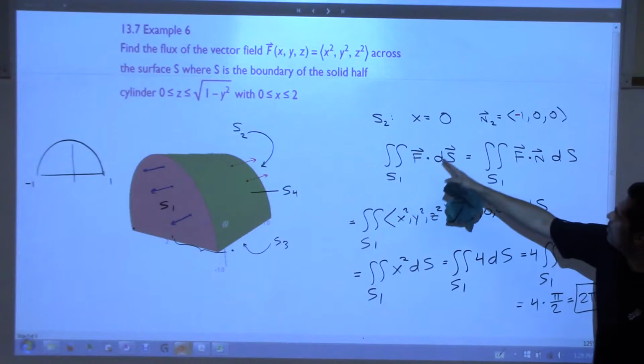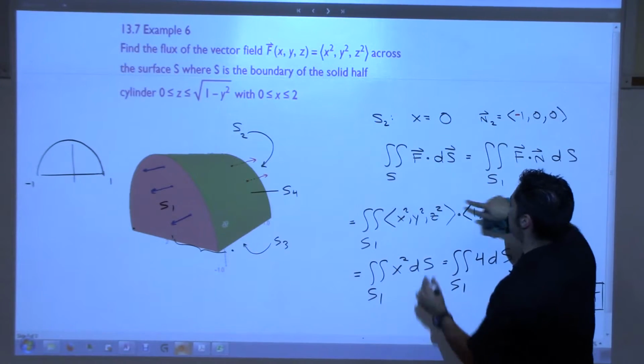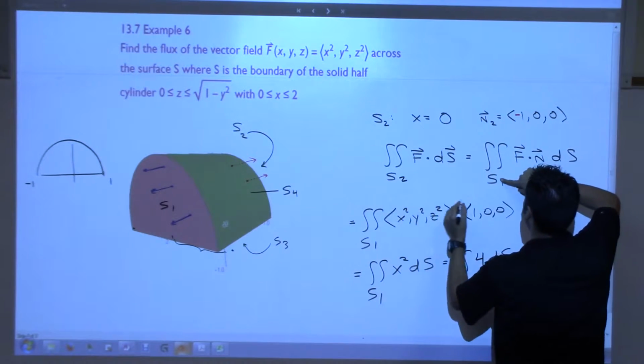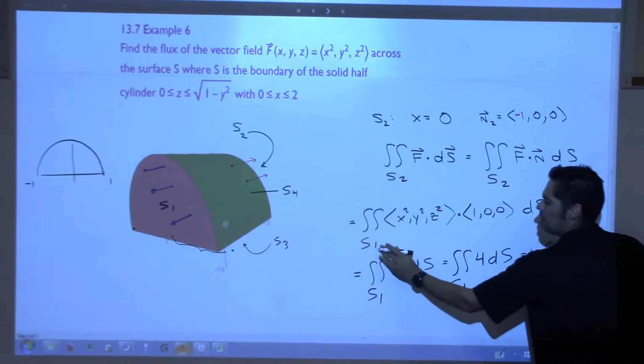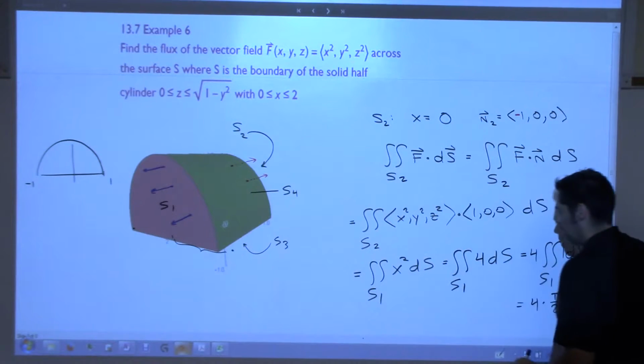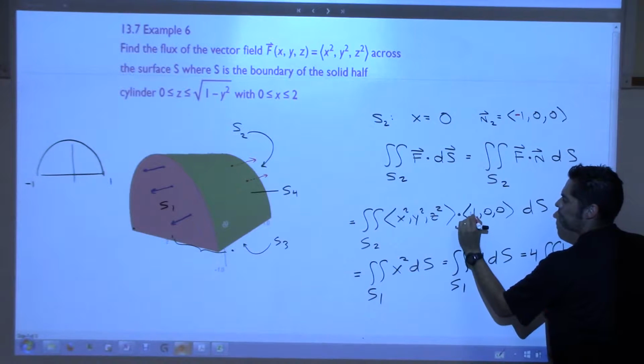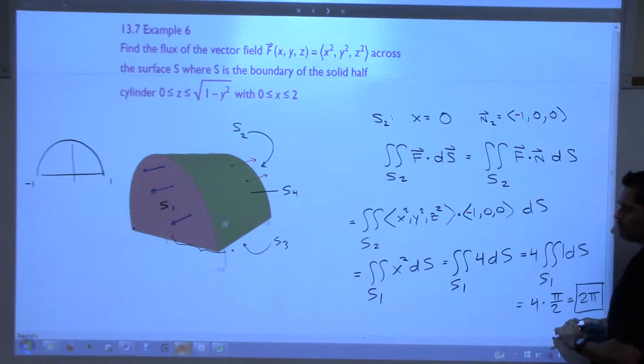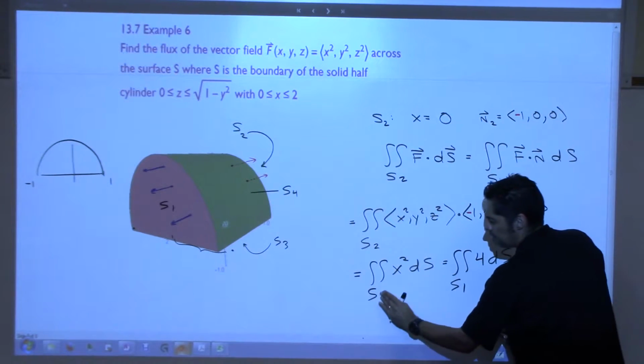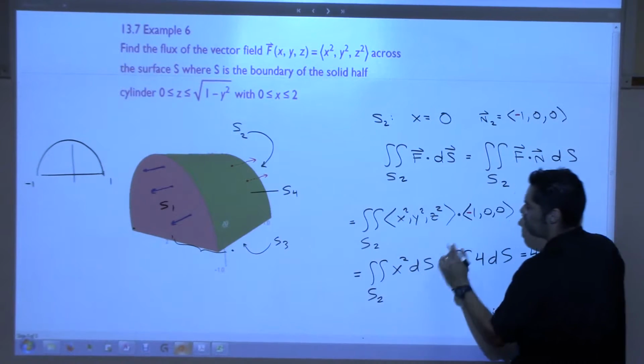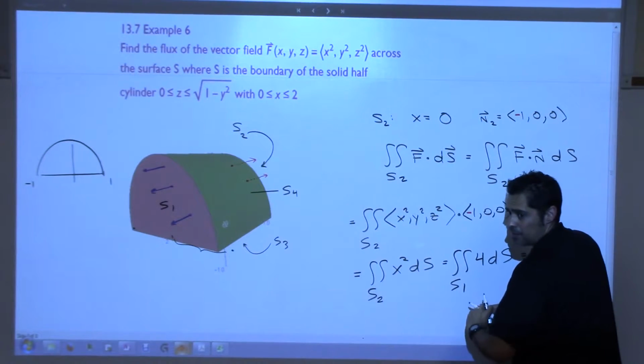And then when we go through here, we change this to S2, change this to S2, change this to S2, change this to negative, change this to S2, and this actually, when we dot it, gave us a negative x squared.